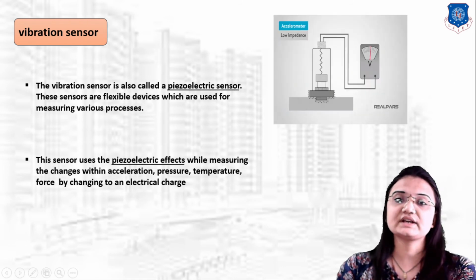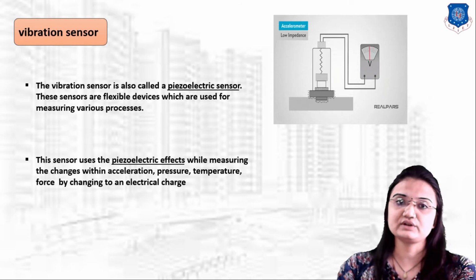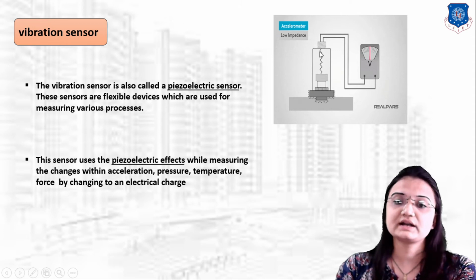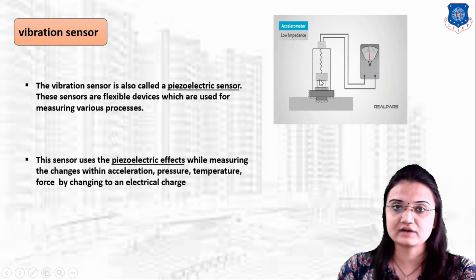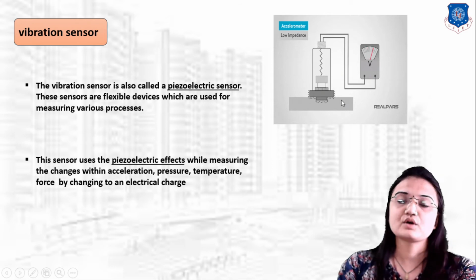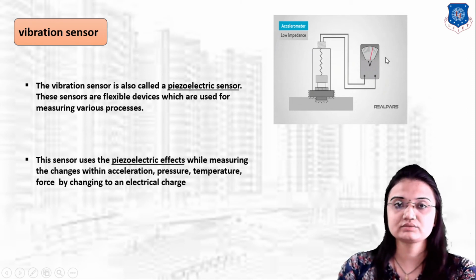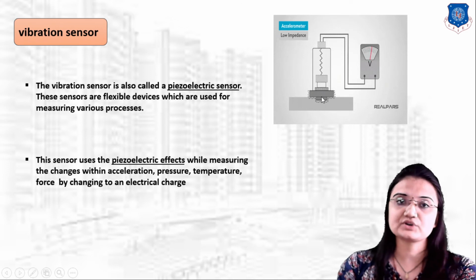You can clearly see in this video how the vibration sensor works. Here we have a vibrating object, and here we have the vibration sensor with a diaphragm which measures the vibration. Whenever the object vibrates, the diaphragm deflects and it gives output in the voltmeter.